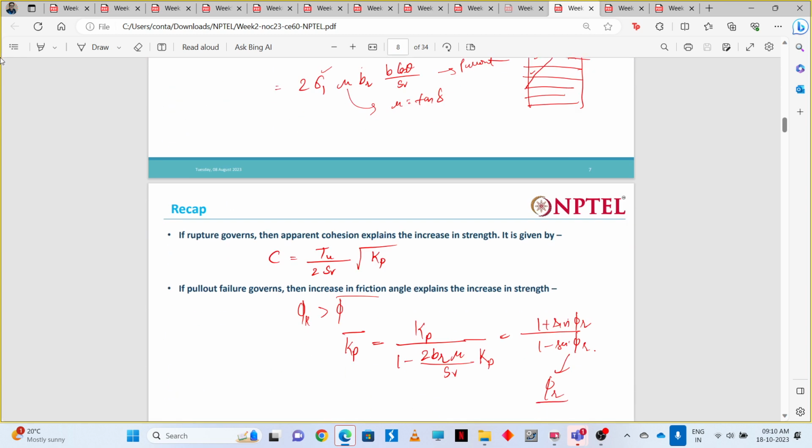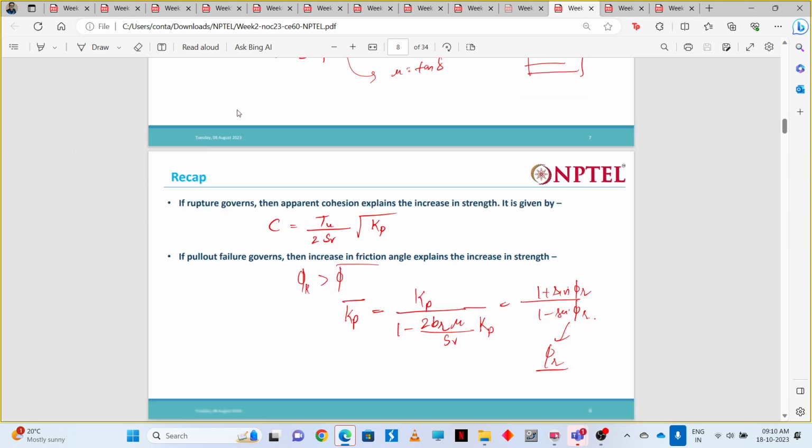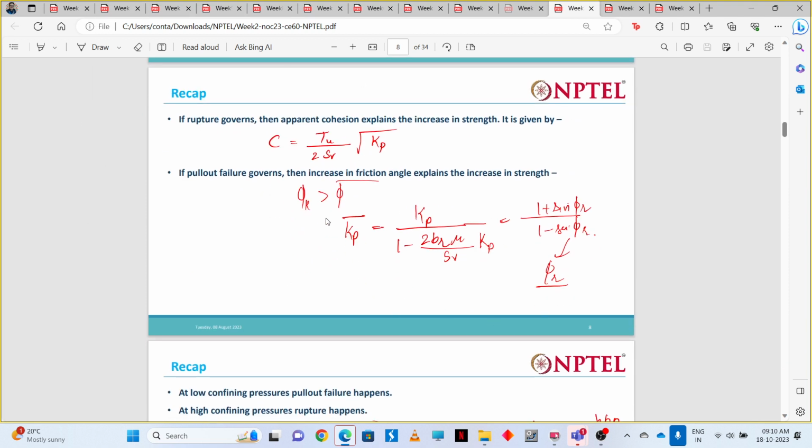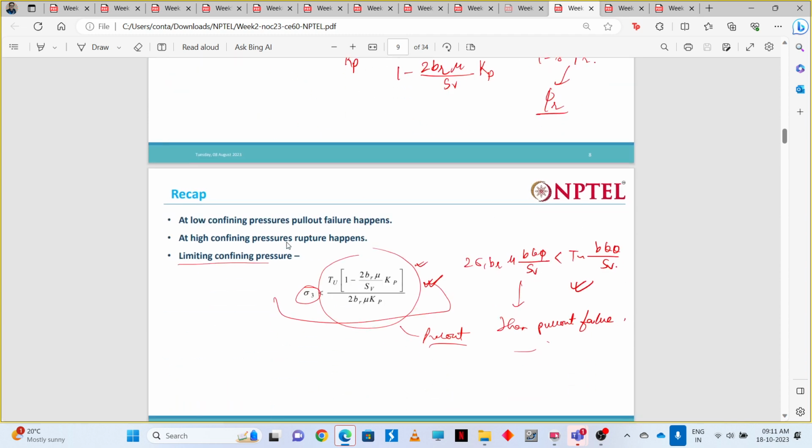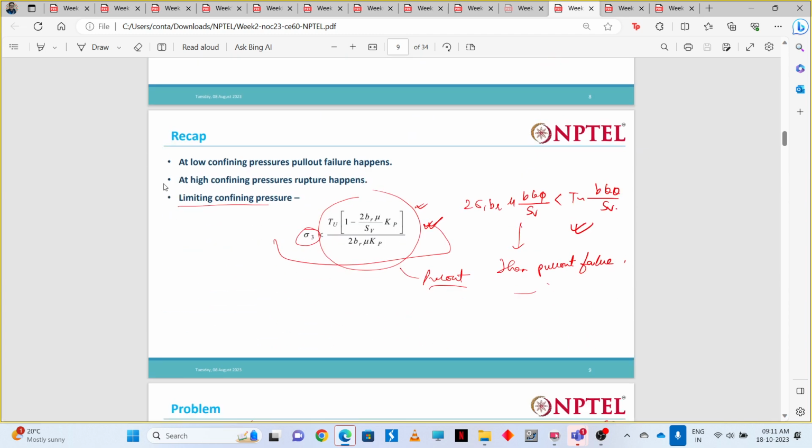Then we did some equilibrium analysis. From the equilibrium analysis, we tried to determine this friction angle. If pull out governs, then the increase in friction angle explains the increase in strength. And how to get this increased friction angle, we found out here. At low confining pressures pull out failure happens, and at high confining pressures rupture happens.